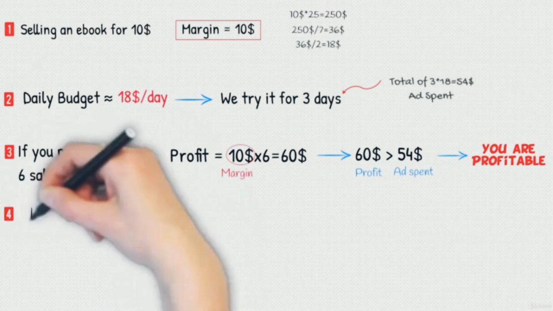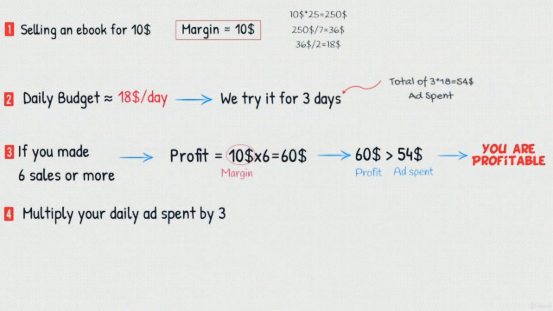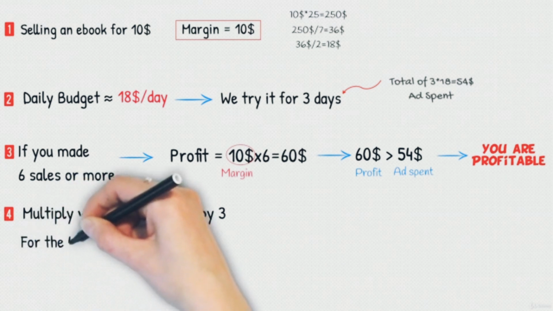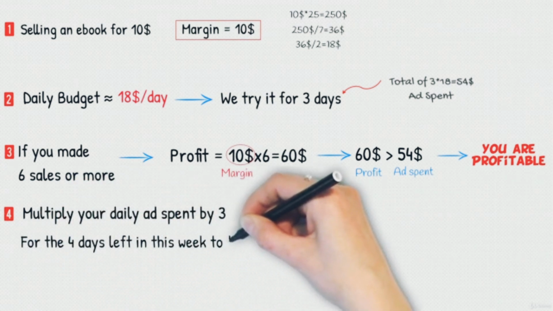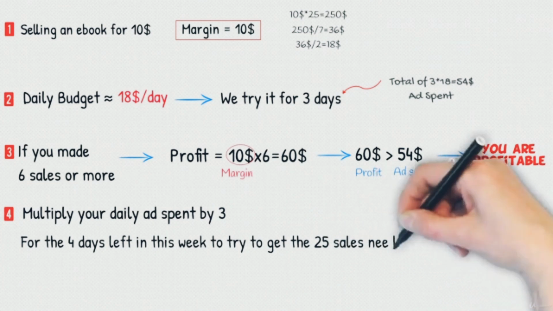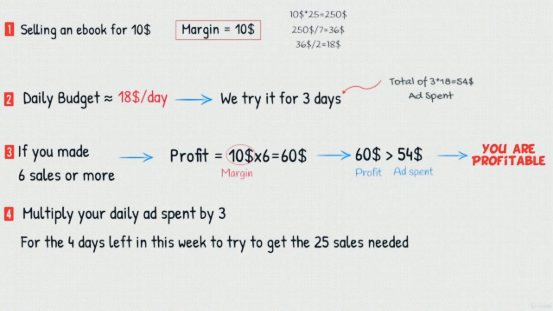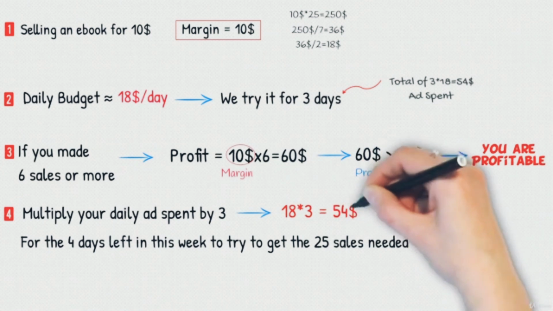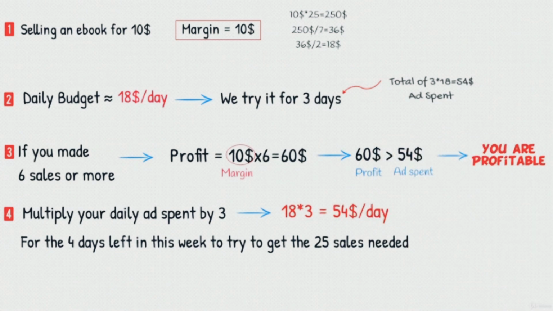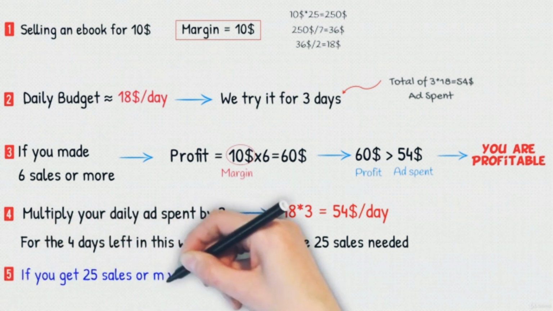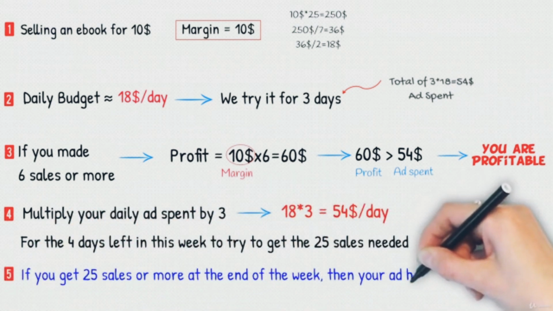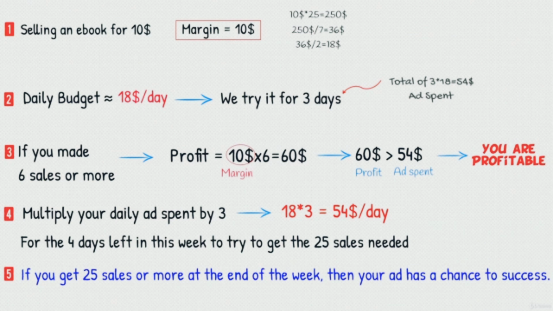In this case, you will multiply your daily ad spend by 3 for the 4 days left in this week to try to get the 25 sales needed. It means you will operate on $54 per day for the last 4 days. If you get 25 sales or more, then your ad has a chance to succeed.